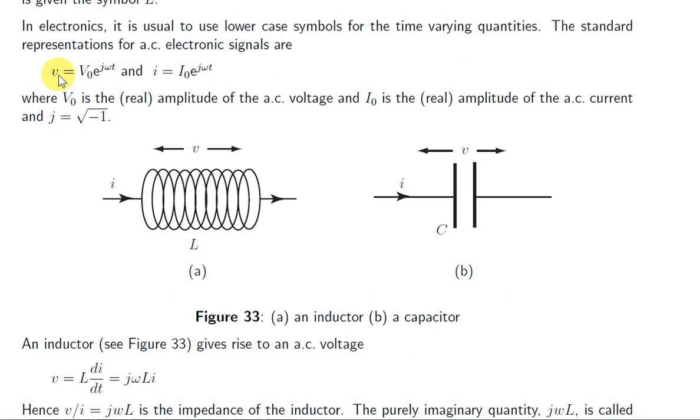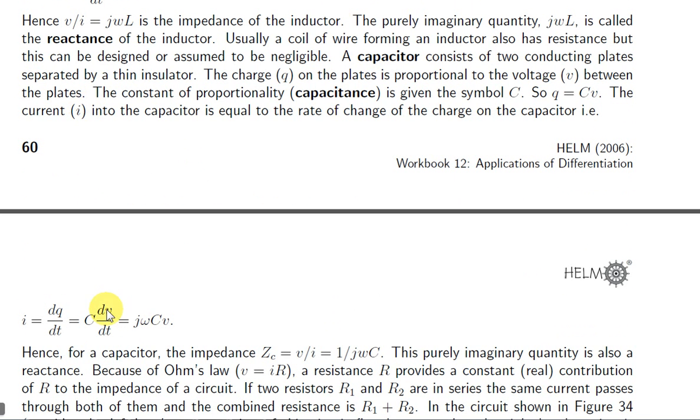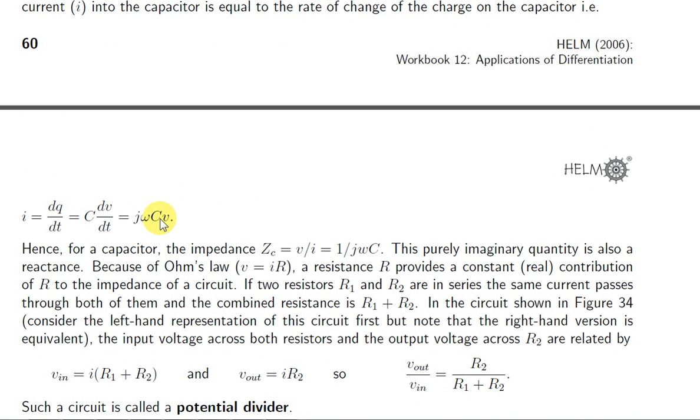Well, that's just j omega times V. So dV/dt is j omega times V. Now, if we compare to V equals IR, if we divide across by j omega C, we get V equals 1 over j omega C times I. So 1 over j omega C plays the part of R in the resistance of a resistor. So 1 over j omega C is called the impedance of the capacitor, Z sub C.